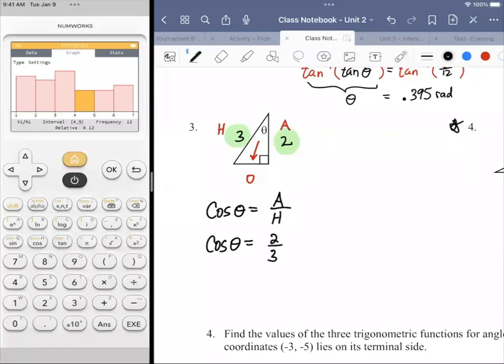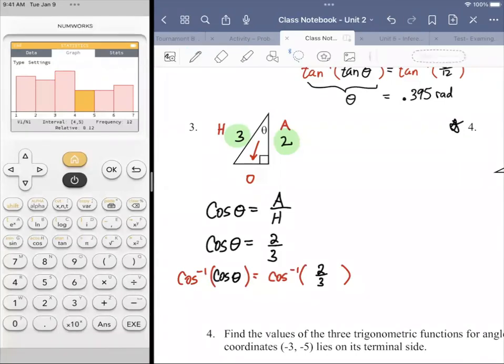And to release the theta from the cosine function, we take the inverse cosine of both sides of the equation. So I say inverse cosine. Let me use red parentheses. So cosine theta inside here, 2/3 inside there.